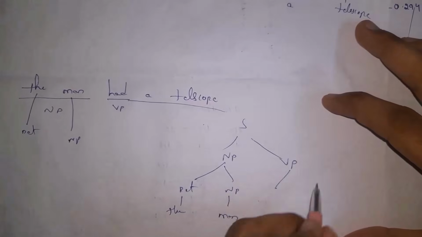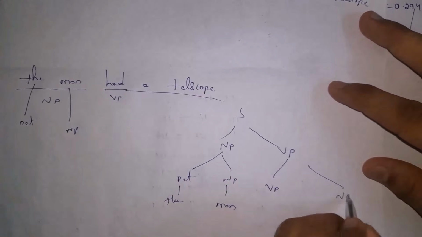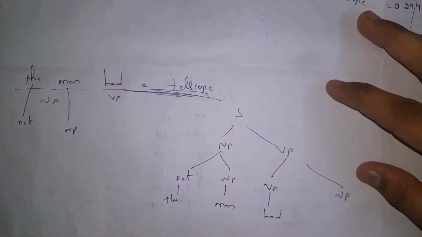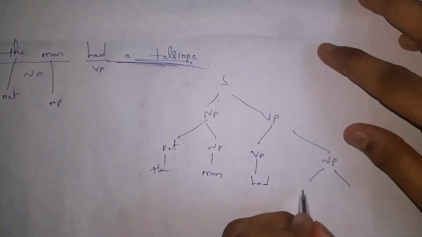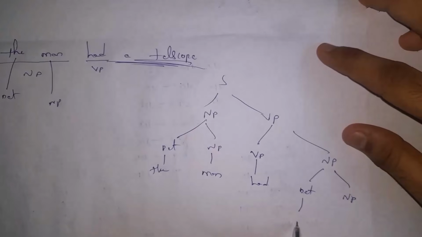And again verb phrase contains verb and noun phrase. So verb is had, and again noun phrase contains a telescope. So A is det and telescope is noun. Det is A and telescope.